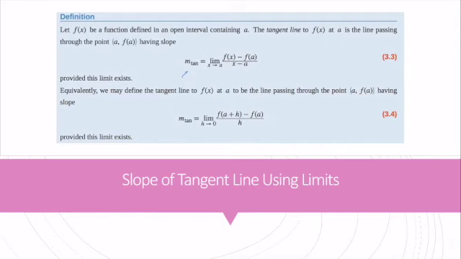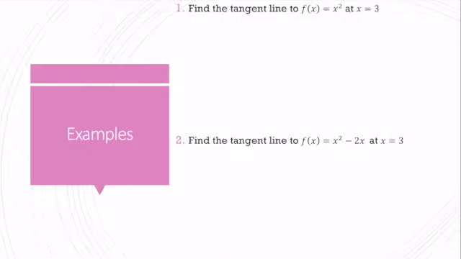So why don't I go ahead and find the tangent line to x squared at x equals 3. So m tangent equals f of x minus f of 3 over x minus 3. So f of x is x squared, and if I substitute in 3, I'd get 9.